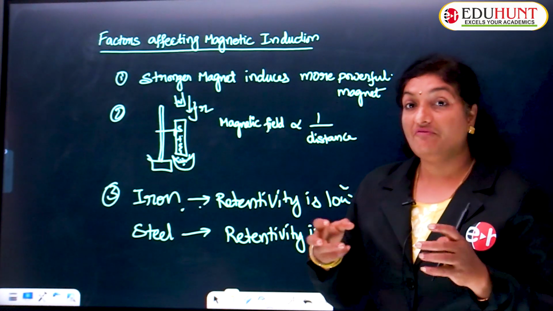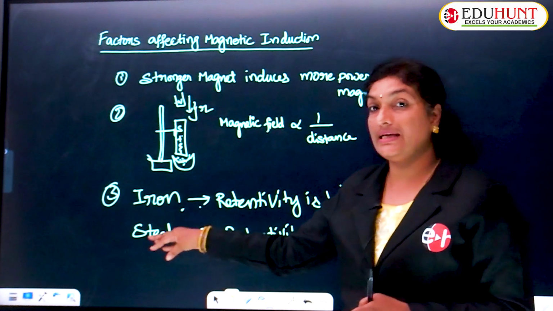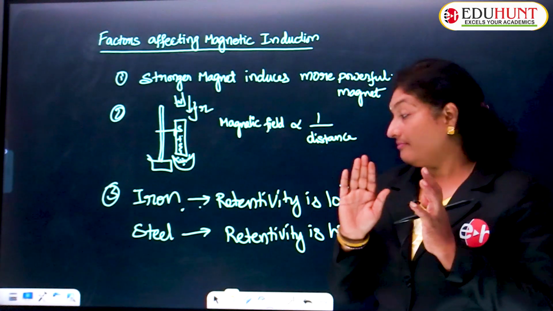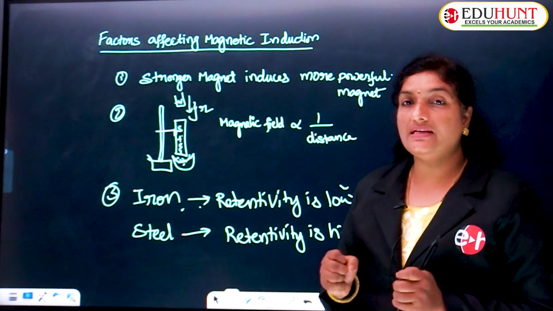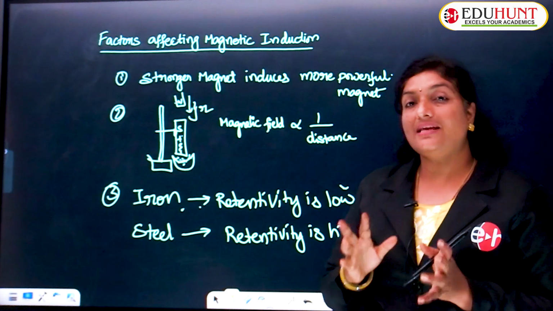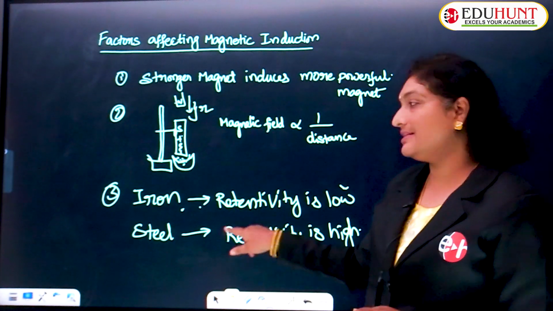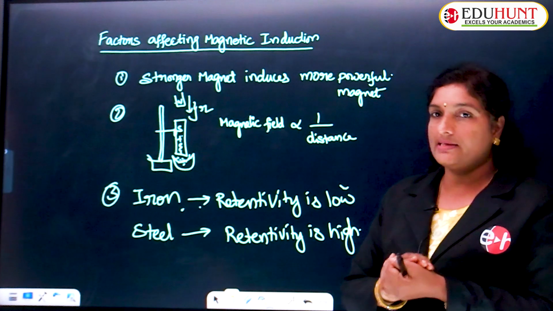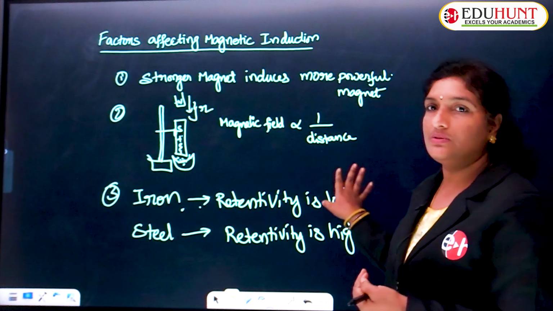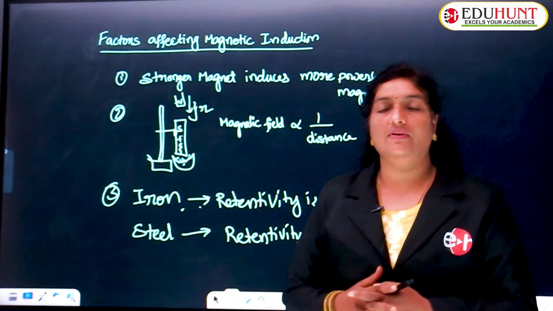That means whatever magnetic property is induced in the steel will stay for a longer time, whereas iron loses it very fast. Retentivity means retention, storage of that magnetic property. So iron loses it very quickly, but in steel it lasts for a longer time.